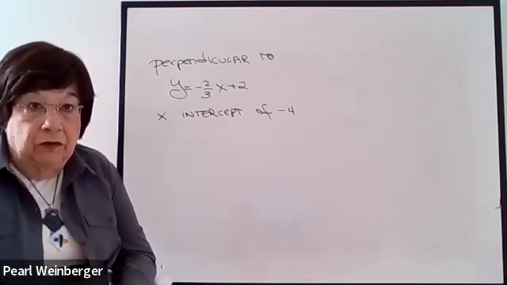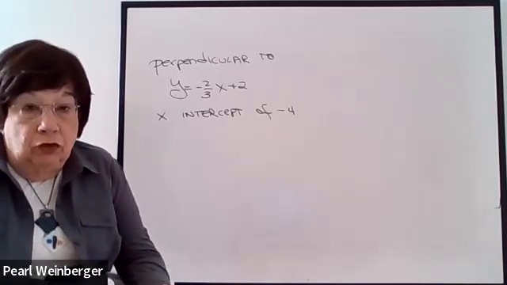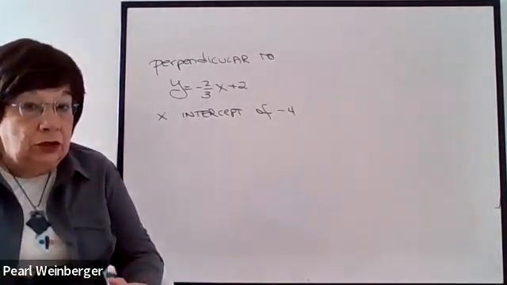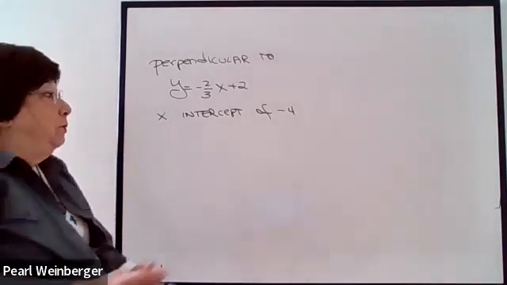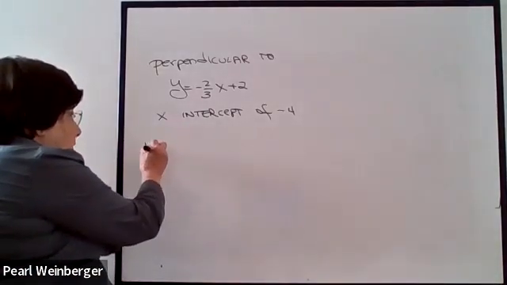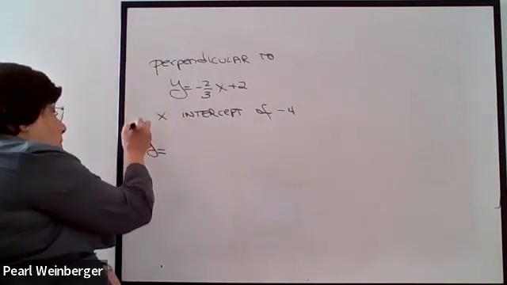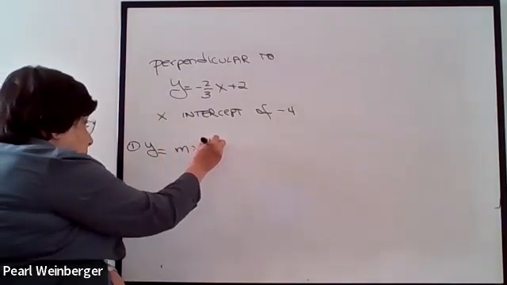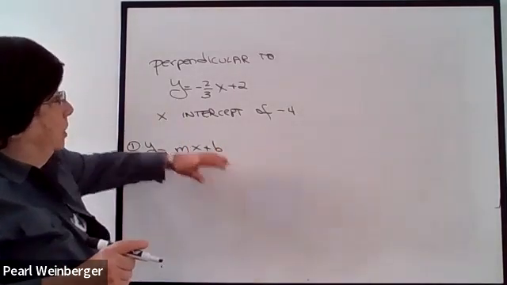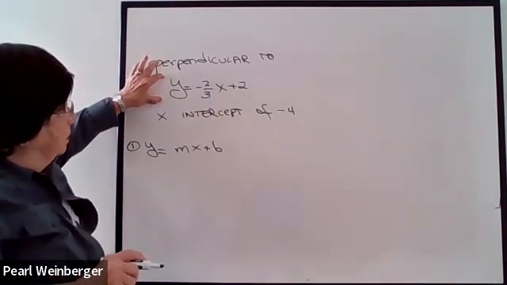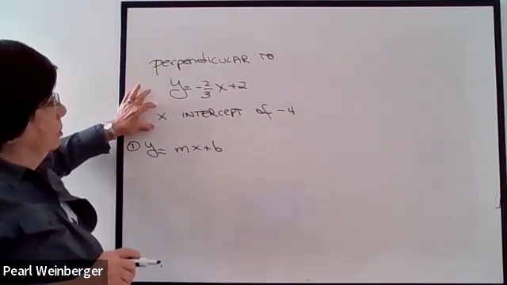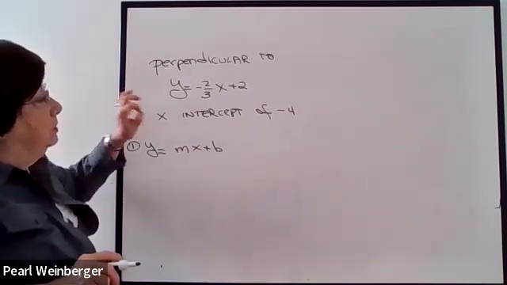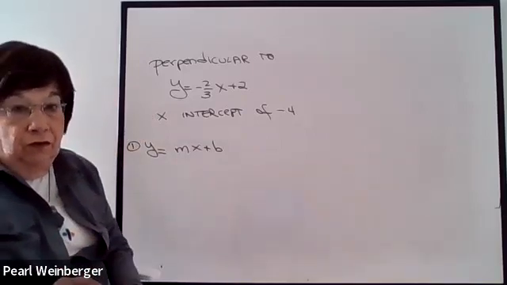Notice I'm not even bothered to draw the line because they didn't ask me to draw it. They just want the equation, the y equals mx plus b of this new equation. We want to write y equals mx plus b, the equation of a line that's going to be perpendicular to this line and also has an x-intercept of -4. It's crossing the x-axis at -4.